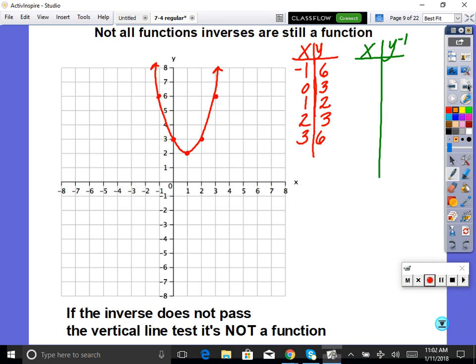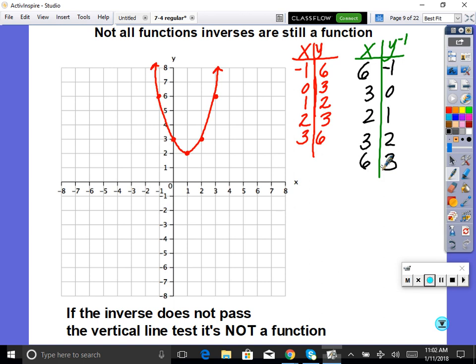Cool. So now one thing to note, just look up here. If I said, given the red function, it's a quadratic, isn't it? Given the red function, graph the inverse. There's a couple ways we could do it. We could write the equation and figure that out, or we could just take our xy points and switch them. So let's just do that right now. So I have these xy points. I'm going to switch them: 6, -1, 3, 0, 2, 1, 3, 2, 6, 3.